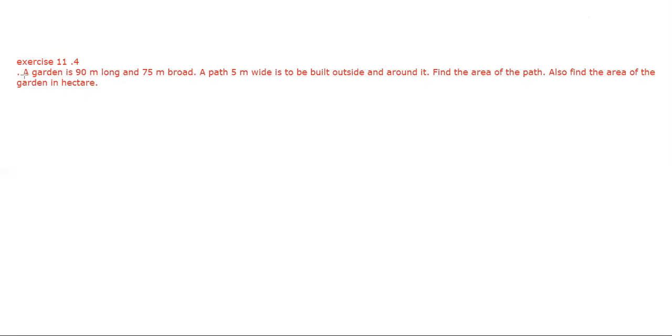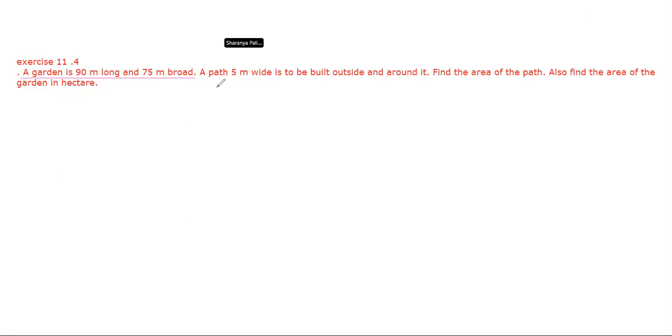It says that there is a garden 90 meters long and 75 meters broad. Obviously it is a rectangular garden, because it has length and breadth. If it were a square garden, it would just have given us one measurement, because all sides of a square are equal.